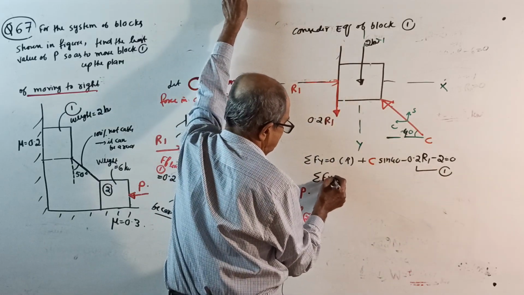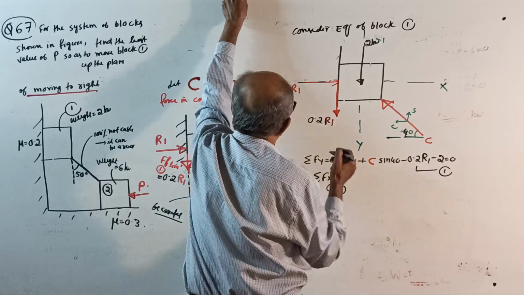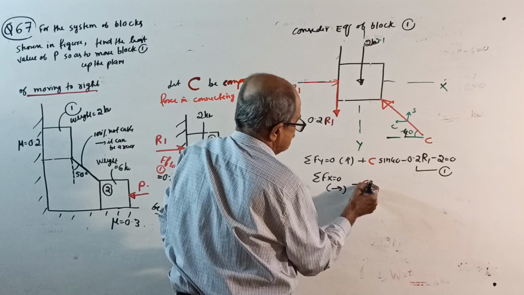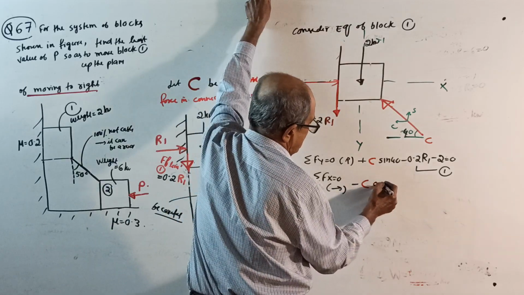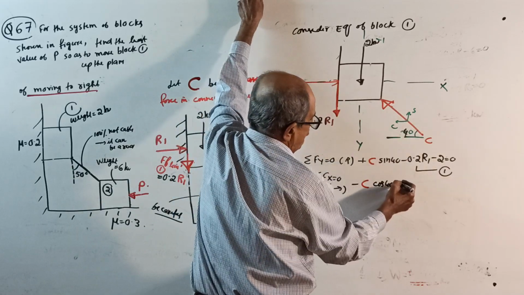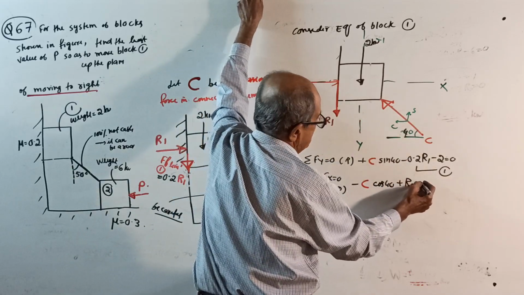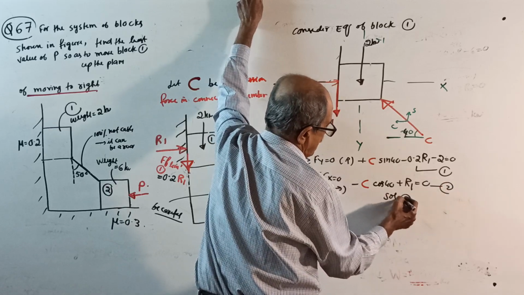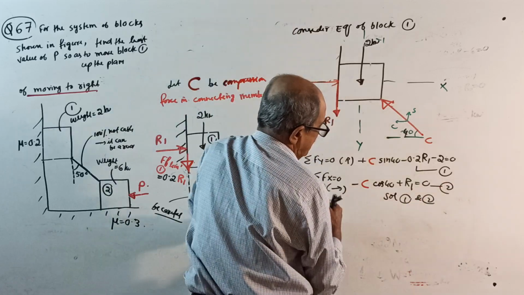Sigma Fx = 0, take right side positive. You get minus C cos 40, then plus R1, equal to 0, equation number 2. Solving 1 and 2, our important unknown is C.